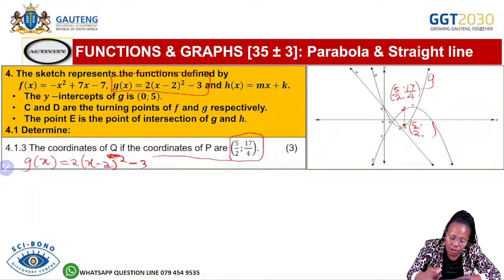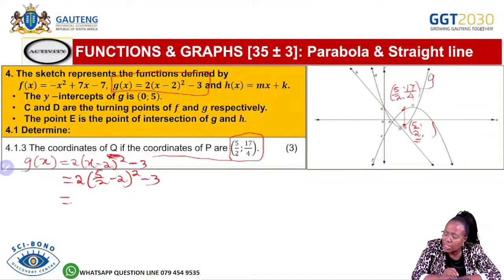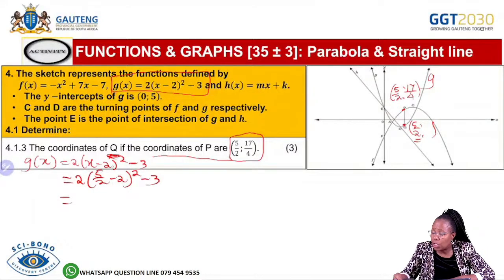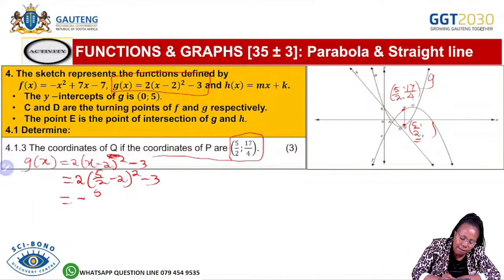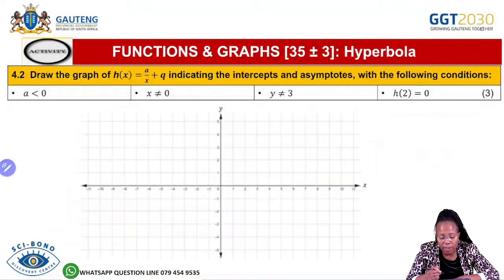For the x value, we substitute the 5 over 2 because we already have that, so that we can get the y value. 5 over 2 minus 2 squared minus 3. Straight into our calculators, grade 12, and this will give us a minus 5 over 2. Therefore, the coordinates of Q will be 5 over 2 coordinating with minus 5 over 2.